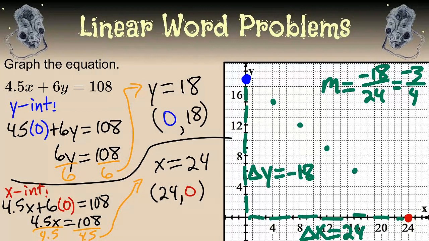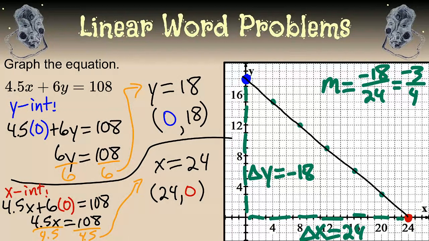And the reason why it's particularly useful here is because those are all the possible combinations that we can buy. And I should actually erase this right up here because we can't have negative of anything. It has to stop right there on the x and the y intercepts.